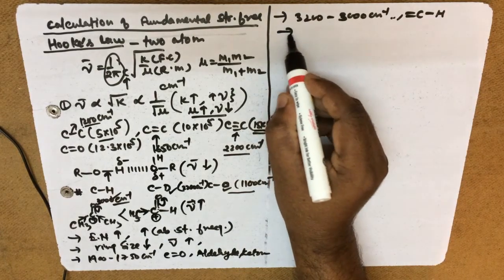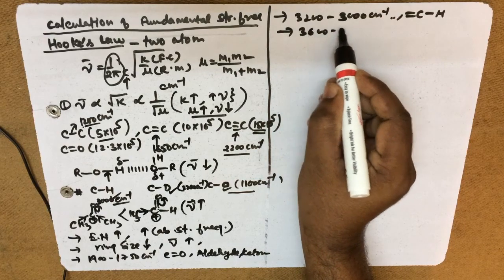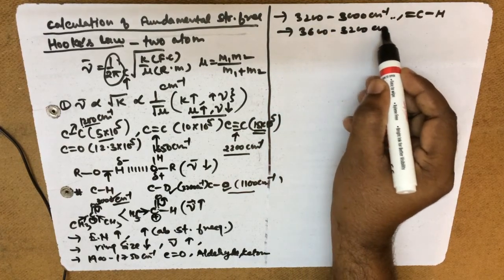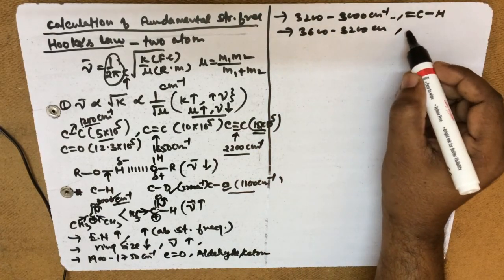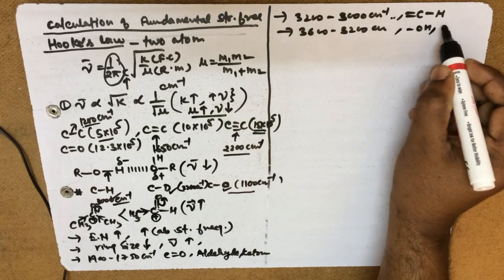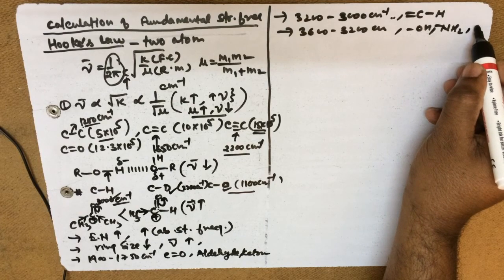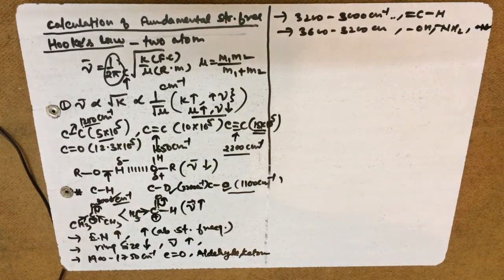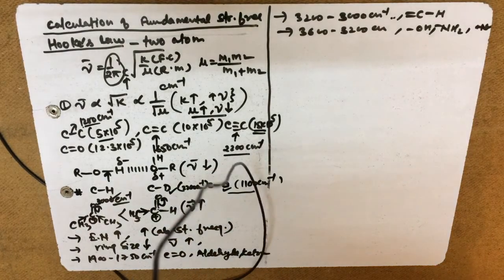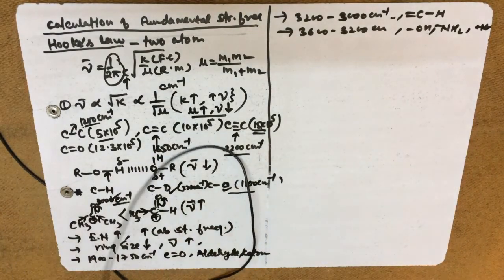And for 3600 to 3200 centimeters, in this range OH and NH2, NH, etc. These types of groups lie in this range, okay. Right, so hopefully you are following me.